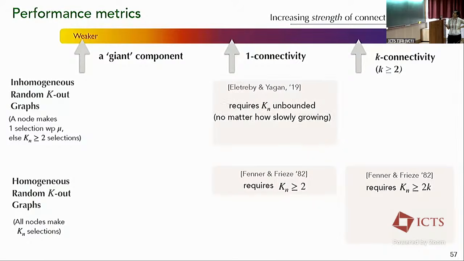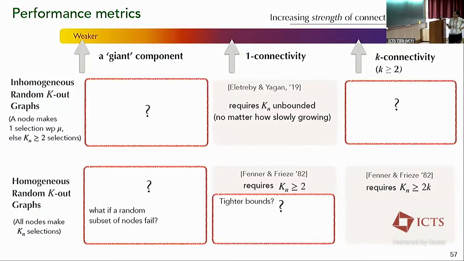There was also work showing that the moment you introduce some inhomogeneity in this model, so that each node has a strictly positive probability of picking fewer than 2 nodes, then the remaining nodes, if there were just 2 types, have to have a Kn that grows unboundedly with the number of nodes.